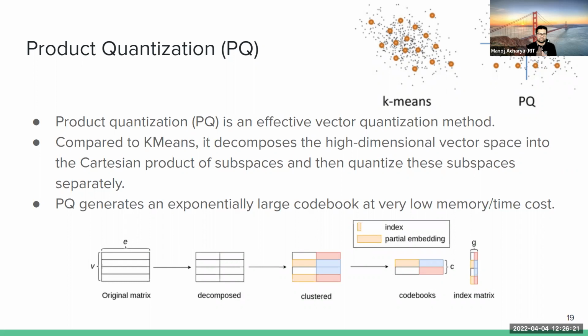So this allows it to generate very large codebooks at very low memory and time cost, right? So eventually, if you want to store this matrix V cross E, you can use the indices and your trained PQ model. You can just represent this matrix using these indices. So that's the idea behind product quantization.